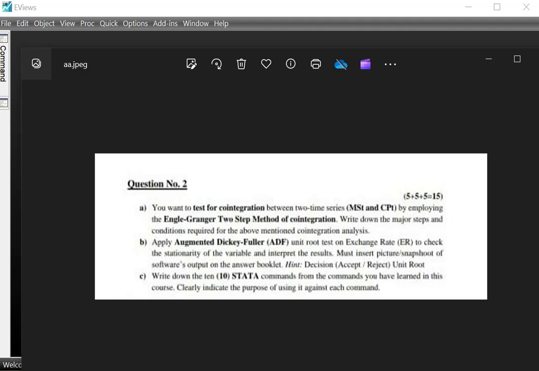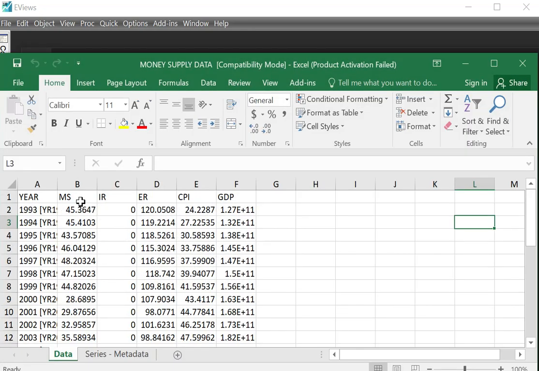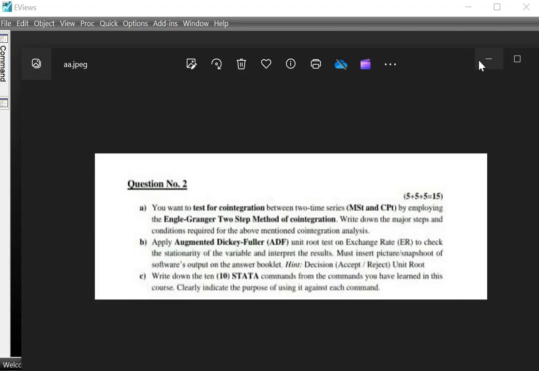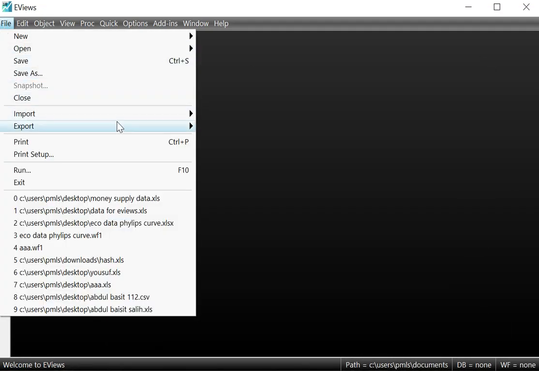I have data on money supply as well. In this case, money supply and CPI, these two columns are relevant for us, but we will import the whole data. So first of all, import.